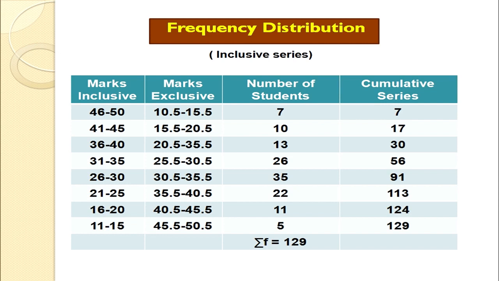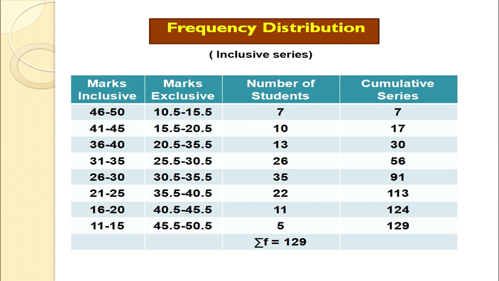Now, this 0.5 would be subtracted from lower limit. So, what we have done? 11 minus 0.5 comes to 10.5. 15 plus 0.5 comes to 15.5. Likewise, for 16 to 20, 16 minus 0.5, that comes to 15.5, 20 plus 0.5, that comes to 20.5. We have done for the whole class intervals.